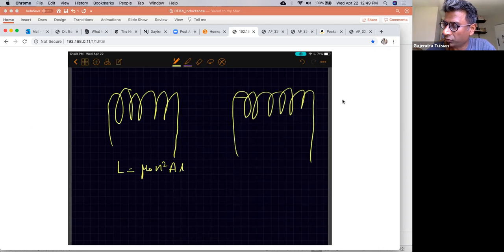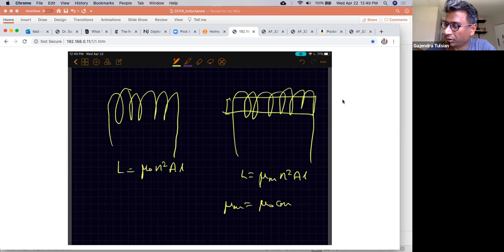So what you do is you fill it with a magnetic material, and the self-inductance becomes mu m n squared A L, where mu m is mu naught times a constant.